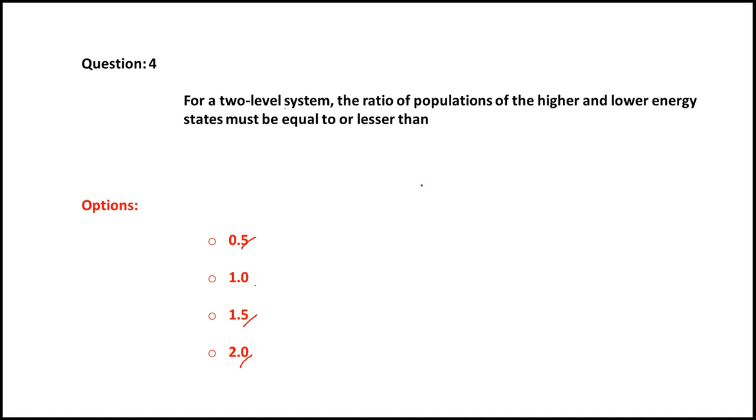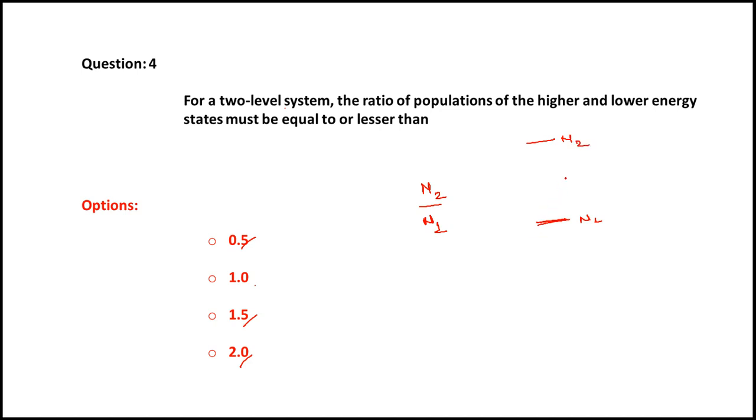Now what they're talking about is N2 upon N1, the higher energy and the lower energy state. Initially, what we discussed was that this one is the population of N1, the lower state, and this is N2.